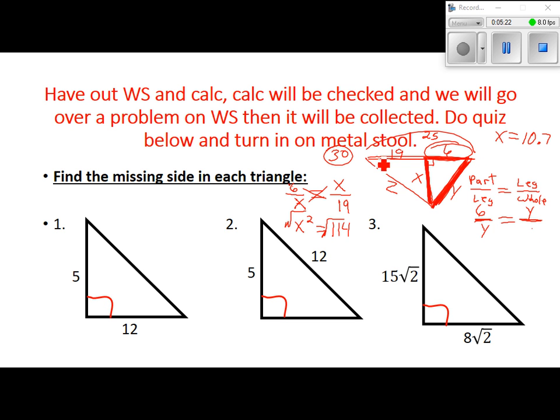How long is this whole hypotenuse in the big triangle? 25. That goes there. You cross multiply, you get y squared equals, somebody help me out. 150. Now what? Find the square root. What's y equals square root of 150? 12.2. Anybody else get that?